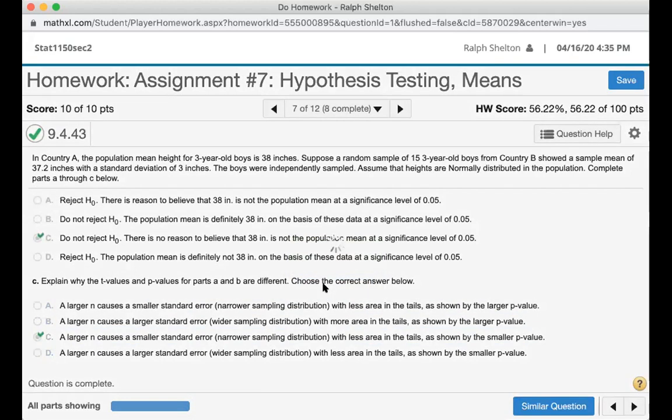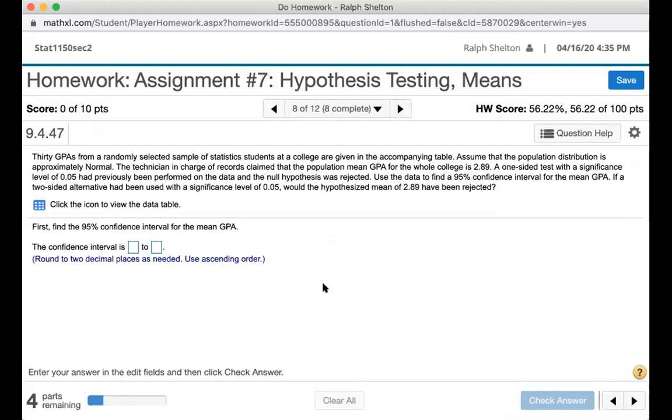Okay. All right. 30 GPAs from a randomly selected sample are given in this table. Assume the population distribution is normal. The technician in charge of the records claimed that the population mean for the whole college of GPAs is 2.89. So that's our null value, 2.89.